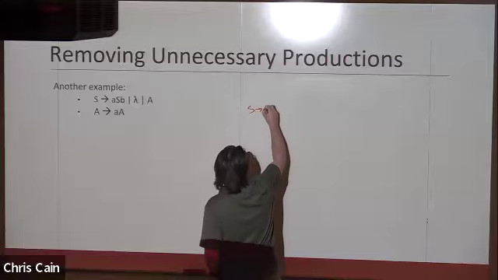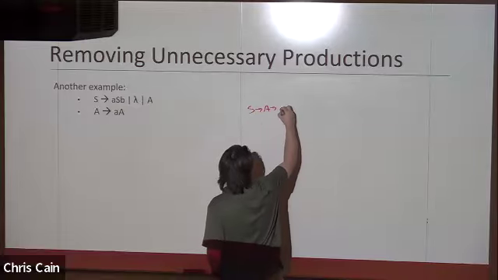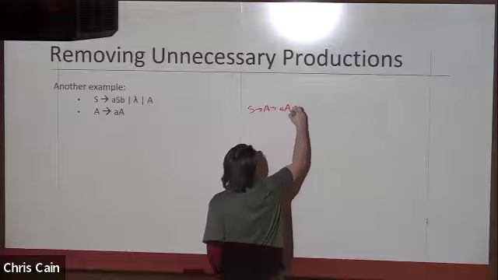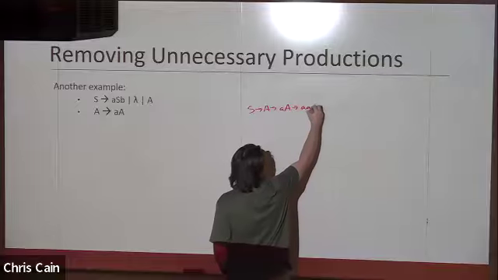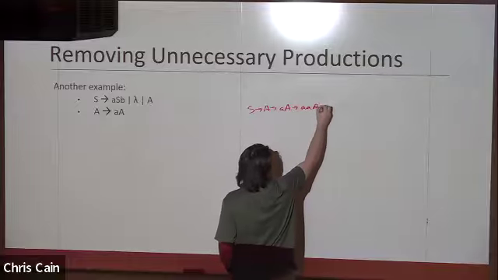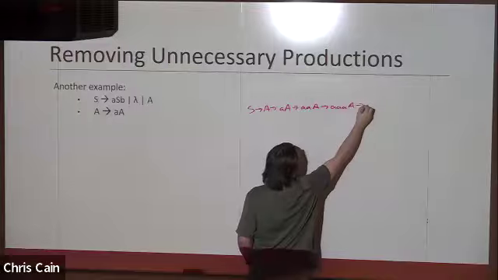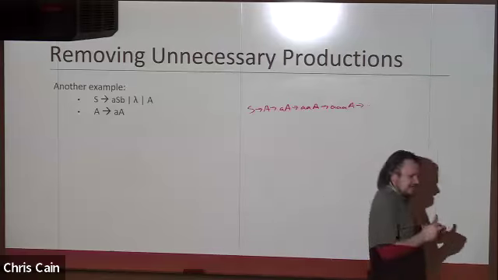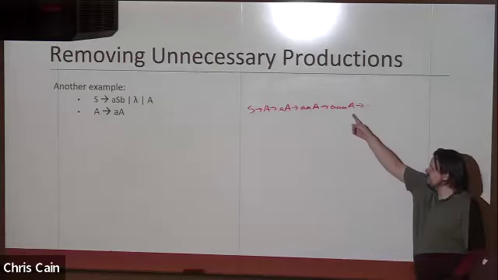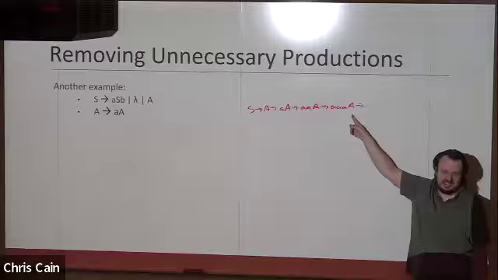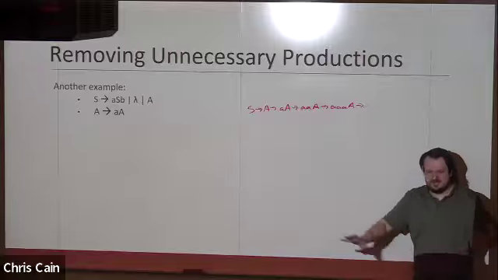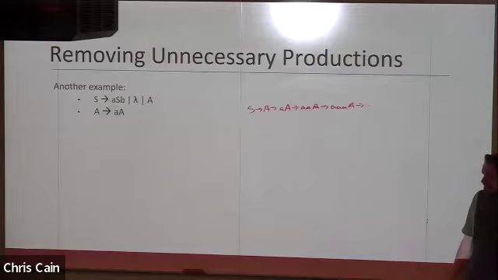S arrow A, and now we create an A and loop to an A. This A can only be replaced with capital A. This process will never terminate, and we're never going to see a string in this language. It just generates A's forever.